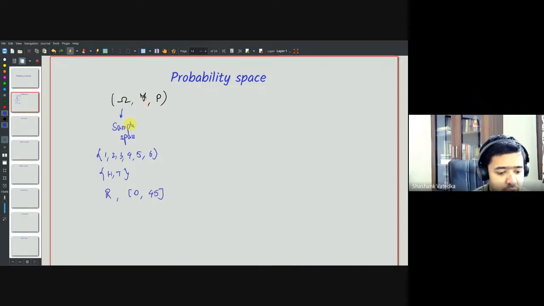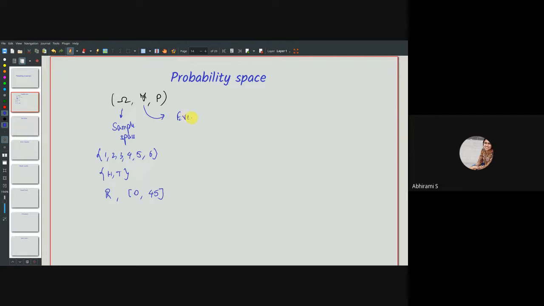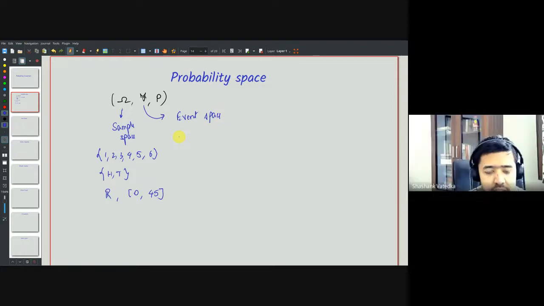But then what we're interested in are not just outcomes, but also possible subsets of outcomes. And that corresponds to the event space. Right? And these are the possible events or subsets of the sample space.